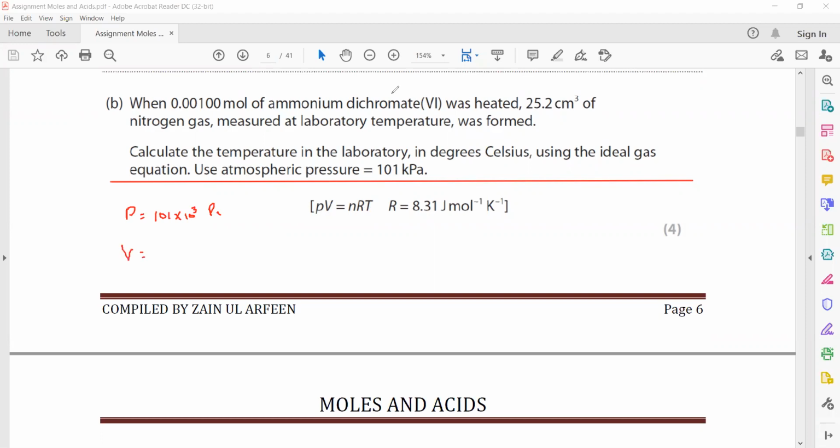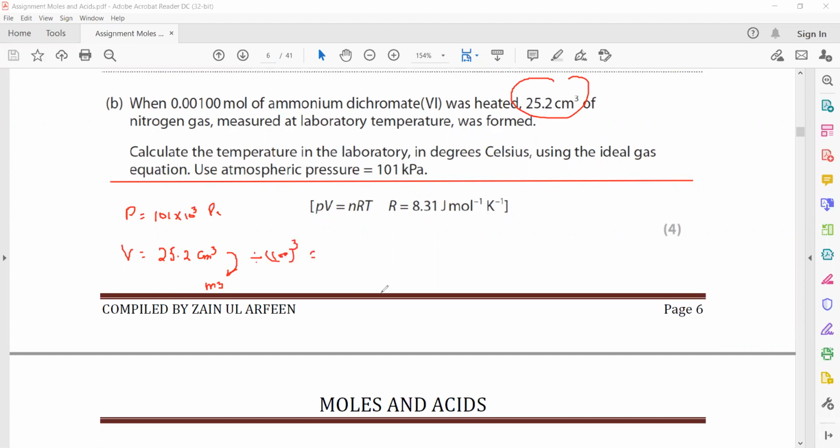V is the volume, and in the question they give this volume in cm cube, but we have to convert the centimeter cube into meter cube, because the SI unit of volume is meter cube. So to convert centimeter cube into meter cube, what we'll do, because to convert centimeter into meter we divide by 100, but it is centimeter cube into meter cube, so we will divide by 100 cube.